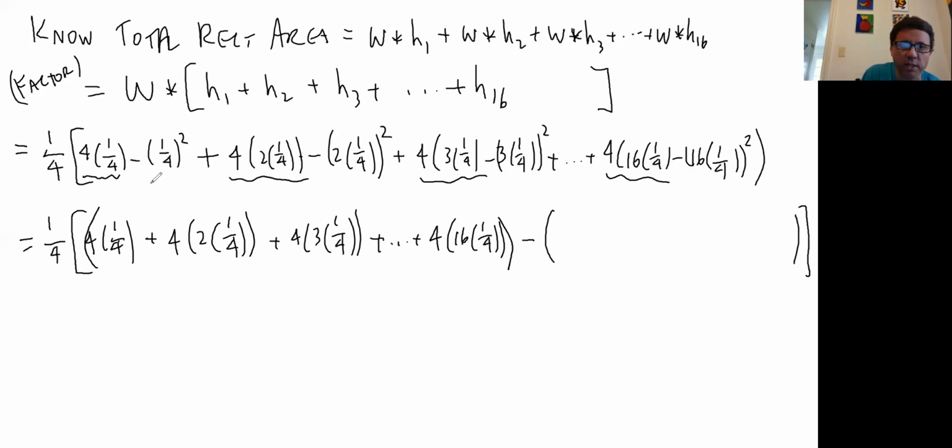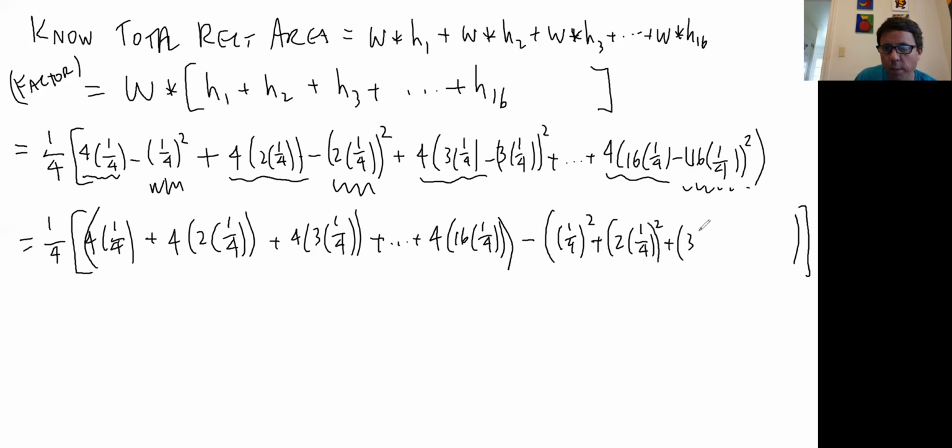Then I'm going to want to subtract. Let's look at all the things that have the squares on them. So I'm going to factor this minus out of all of them. So this first one will be a quarter squared. That's this one. The next one will be the square of 2 copies of a quarter. And I factored out the minus here, so minus is in front. So I can do plus 2 copies of a quarter squared.